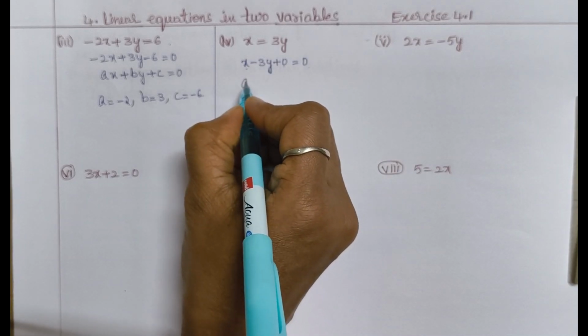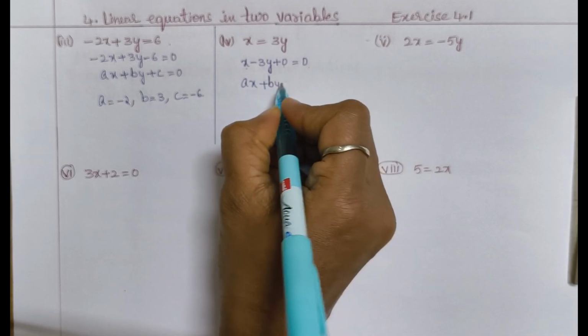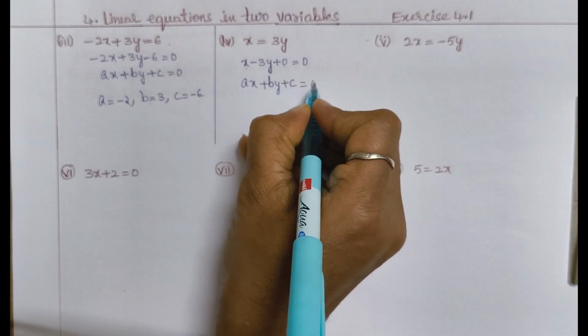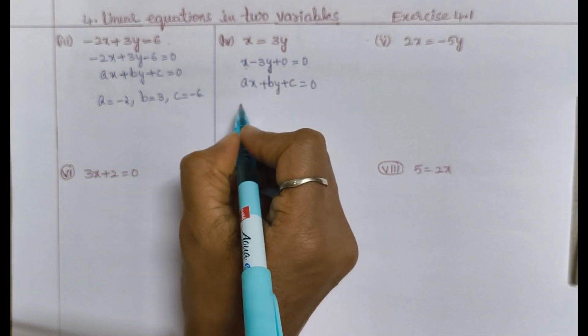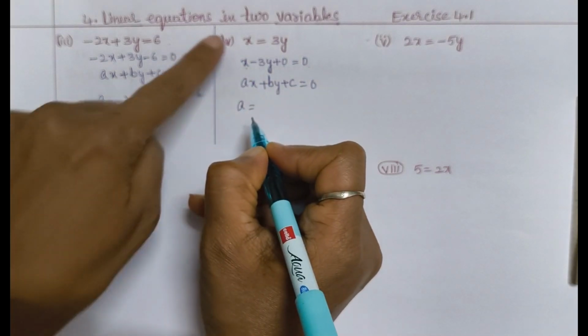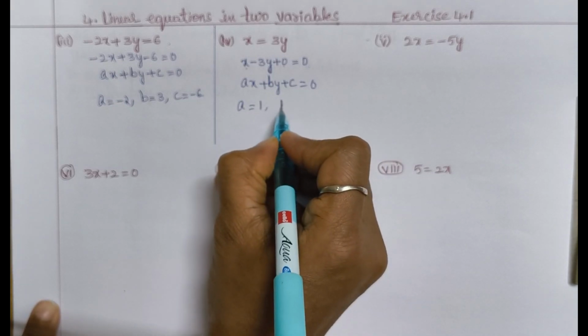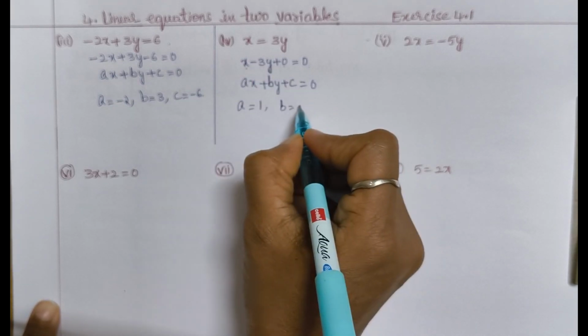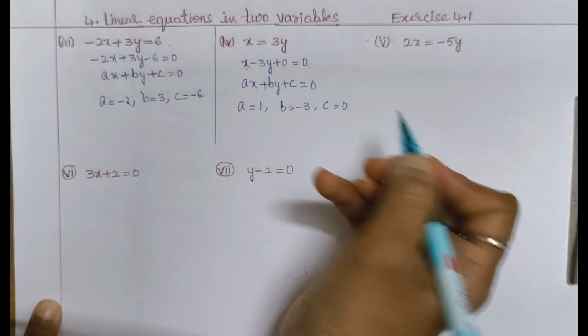Now a means what? a is equal to 1, since no number is there, 1 is the number. Next, b is equal to minus 3 is the answer. Next, c is equal to 0 is the answer.